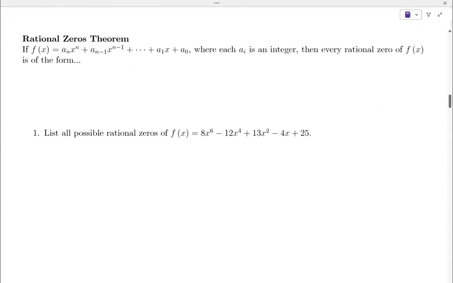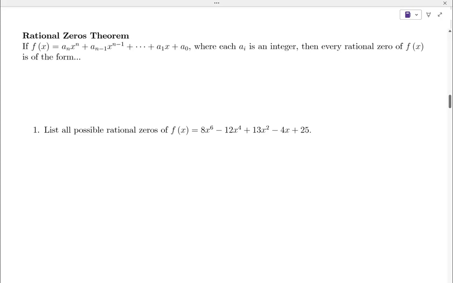Again, the reason why we did that little bit of a review with complex numbers is because we're going to see complex zeros in our polynomials. The whole reason why you start by defining the number I is to try to find a zero of the polynomial x squared plus 1.